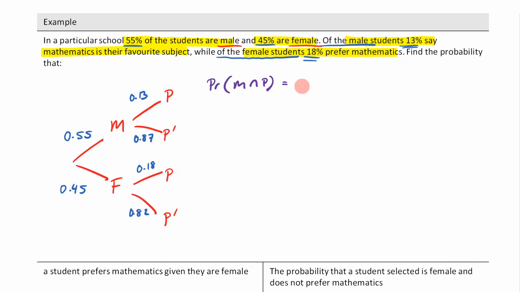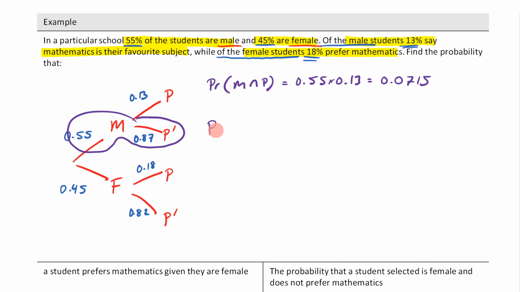So this is going to be 0.55 times 0.13, which is equal to 0.0715. This one, so I'm multiplying across this way now, it's going to be the probability of M intersection P complement, which is equal to 0.55 times 0.87. So our answer is going to be 0.4785. Then we keep on going.